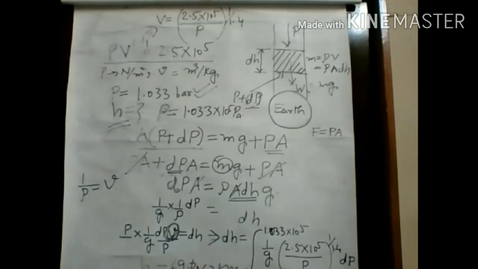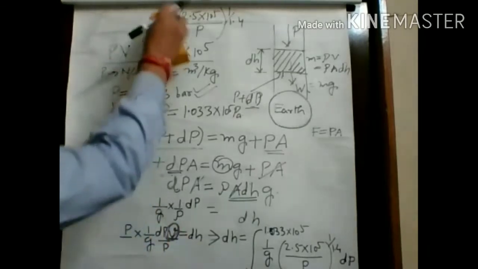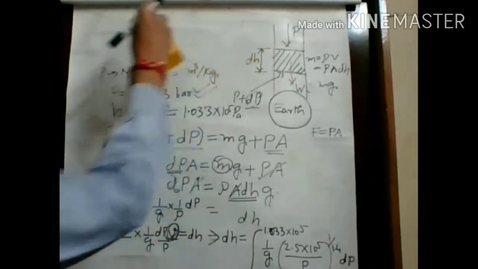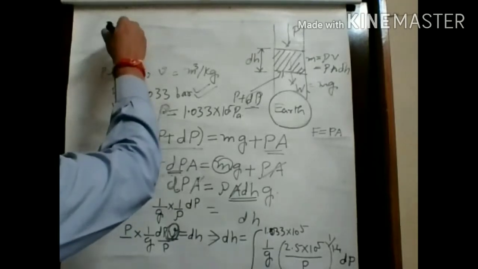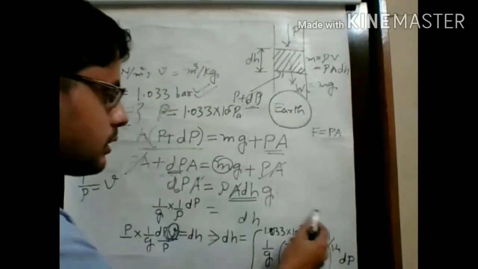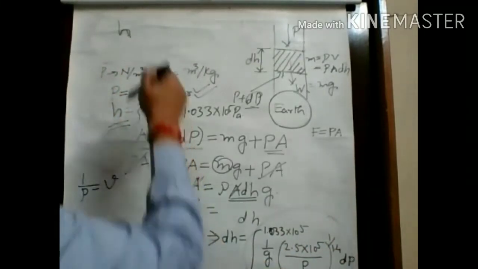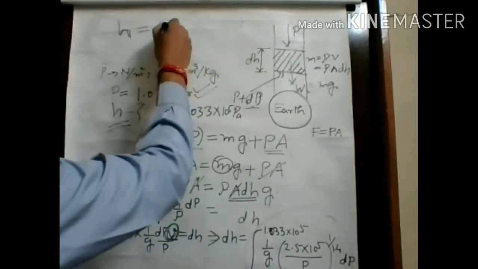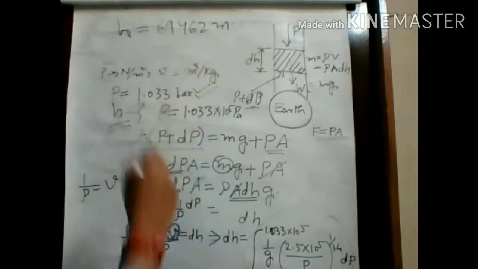Okay, finally we will get this value. I write this value at the top. That is, the final answer is h equals, by solving this integration, we will get the value of small h equal to 69,462 meter.